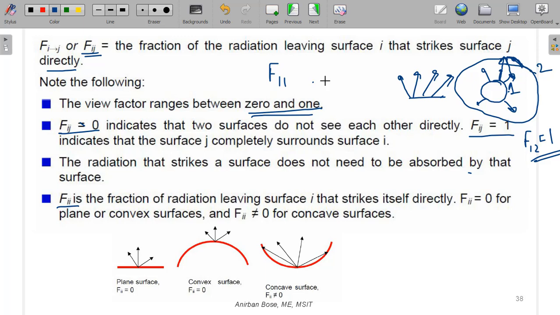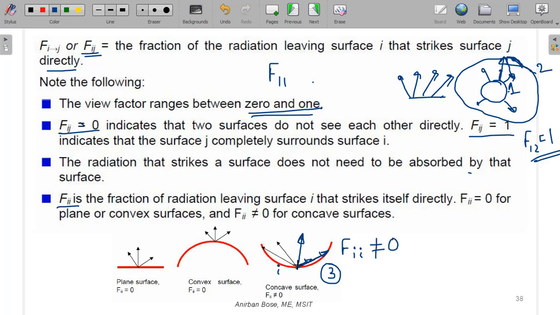That happens in the case of concave surfaces. Let us consider the situation in figure 3, that concave surface. Here you can see some radiation is coming out, but this radiation again strikes the same surface 3. So in this example, if this surface is called i, then F_ii is definitely a non-zero quantity.